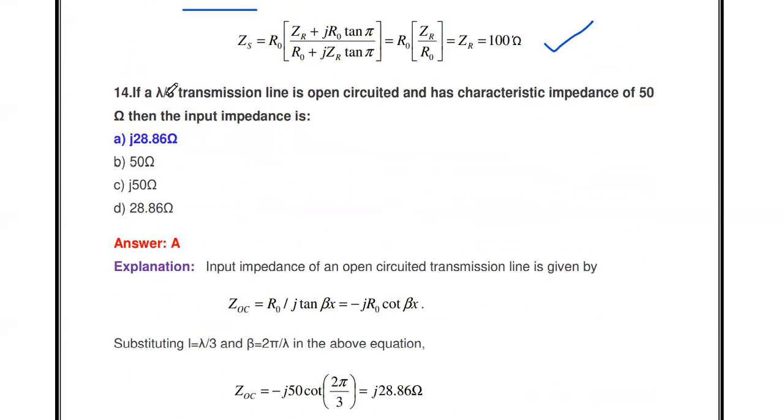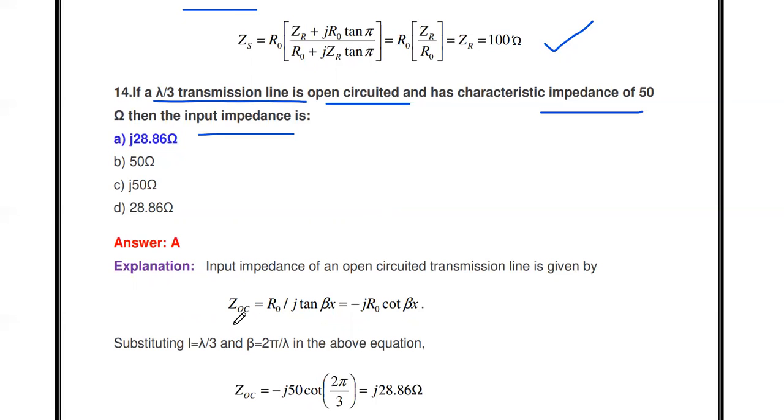Okay. Then the next question: if a λ by 3 transmission line is open circuited and has the characteristic impedance 50 ohm, then input impedance is dash. Okay, so for an open circuited transmission line, Z0 is given, the length is given, we have to find the input impedance. So you know the formula.